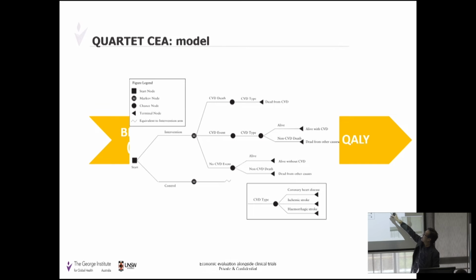It has a framework where people can go into a number of health states over a period of time. So you have a CVD event, or you die, or you have no event, and you assign probabilities associated with each on an annual basis. People cycle in and out of different health states until you get to the 20-year timeframe. So that's a simple explanation of the sort of model that they would have used.